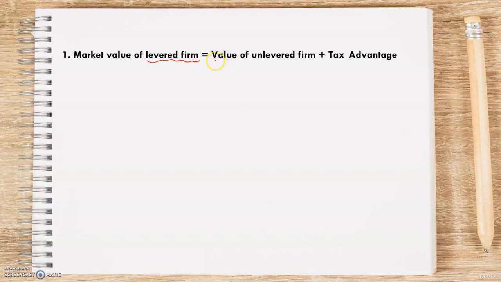So what you can do is take the value of the unlevered firm, which is 114, and add the tax advantage you have gained. The market value of the unlevered firm is 114, and by raising a debt of 20 million, what is the tax advantage they are going to get?